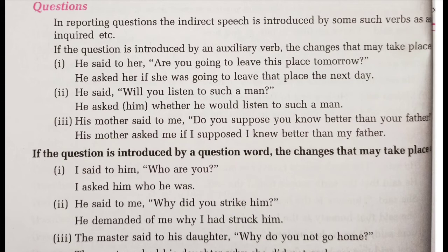He asked her if she was going to leave that place the next day. He said, "Will you listen to such a man?" He asked him whether he would listen to such a man. Look at this word, whether. You can either use whether or use if. Then his mother said to me, "Do you suppose you know better than your father?" His mother asked me if I supposed I knew better than my father.